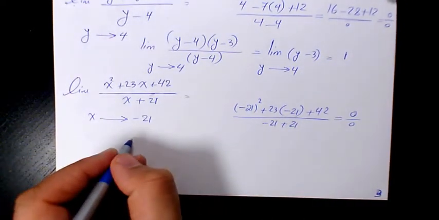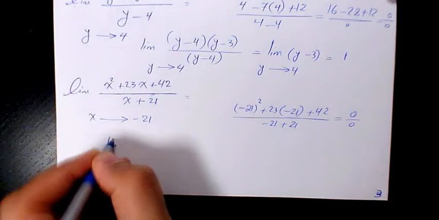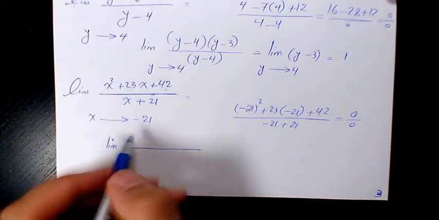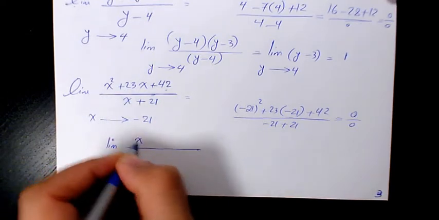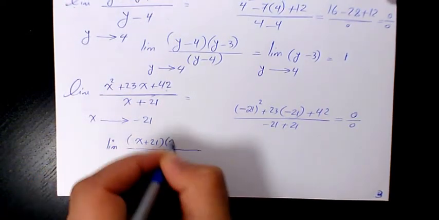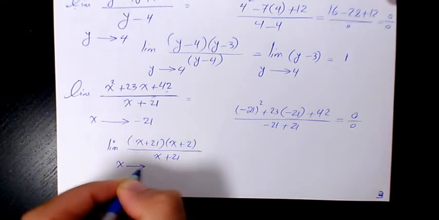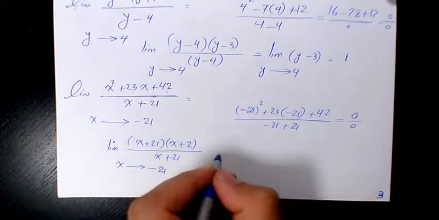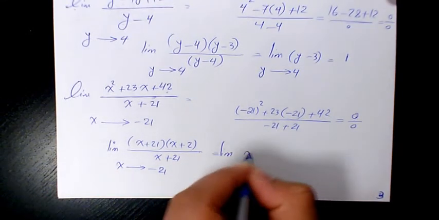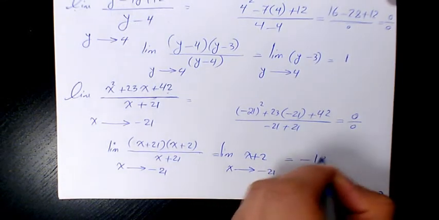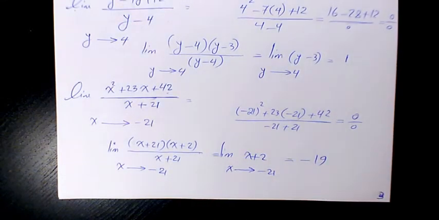When you factor that, we need a product of 42 and a sum of 23. So it's going to be x plus 21 times x plus 2 over x plus 21 when x approaches negative 21. These two cancel out. The limit of x plus 2 when x approaches negative 21 is going to be negative 19.